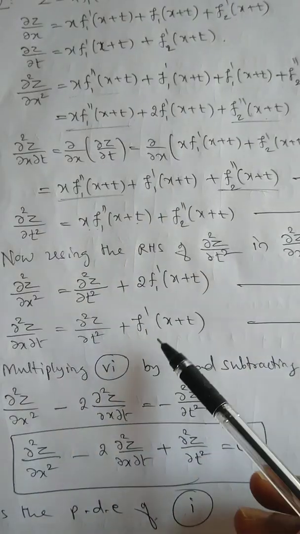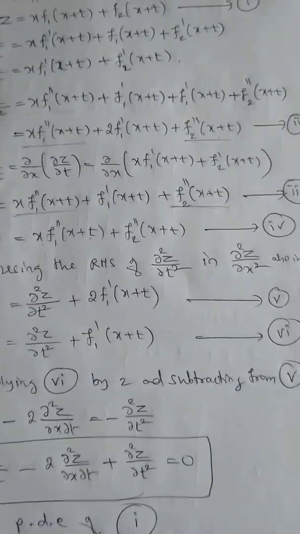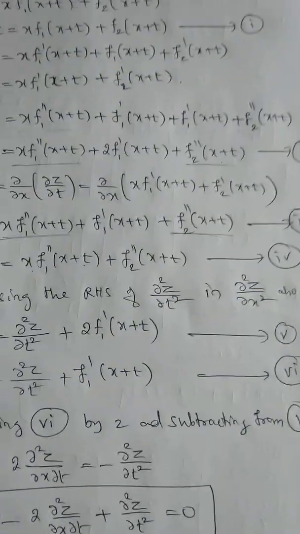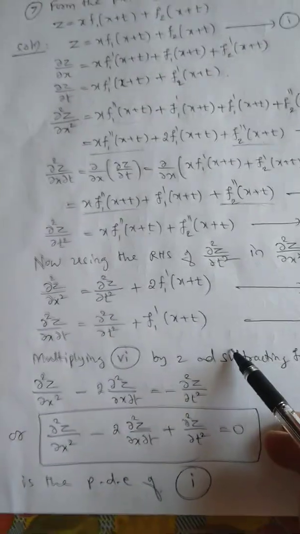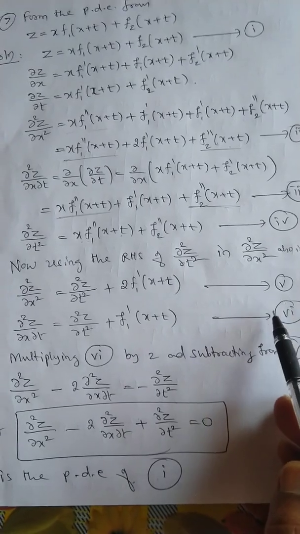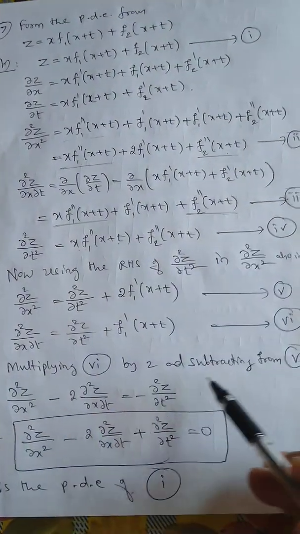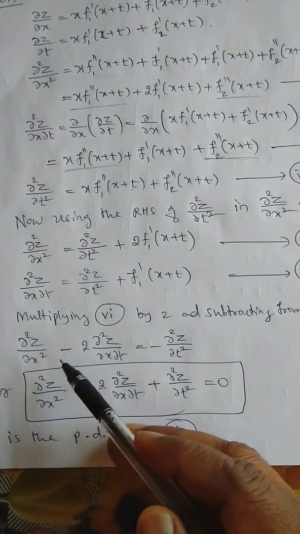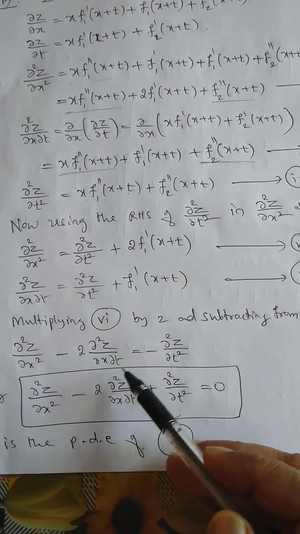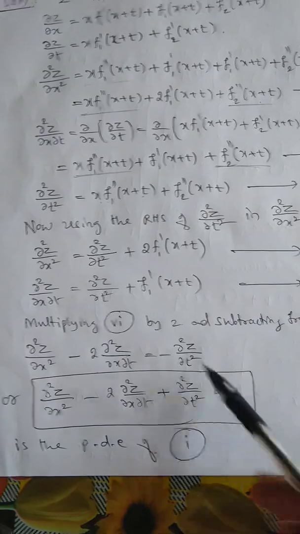Multiplying the fourth equation by 2 and subtracting from the fifth, we have ∂²z/∂x² minus 2 ∂²z/∂x∂t is equal to minus ∂²z/∂t². Rewriting, we have this equation.